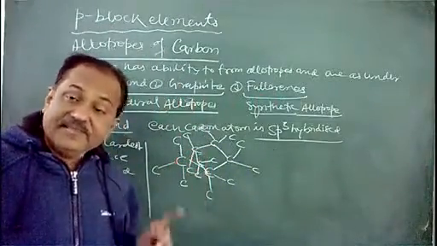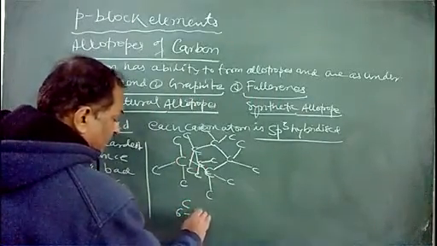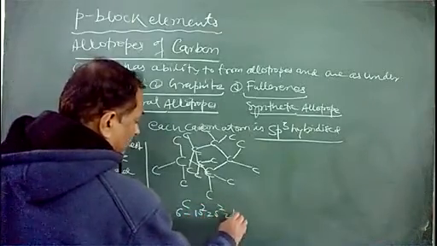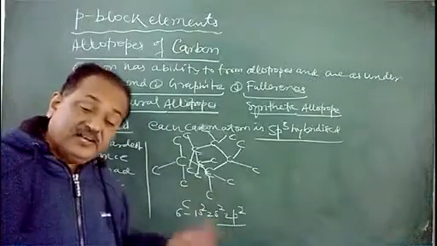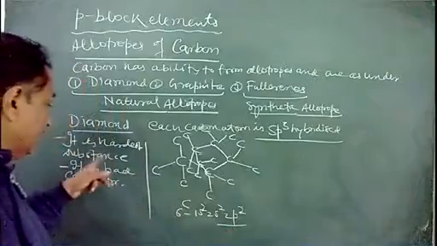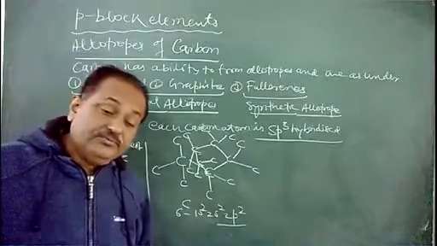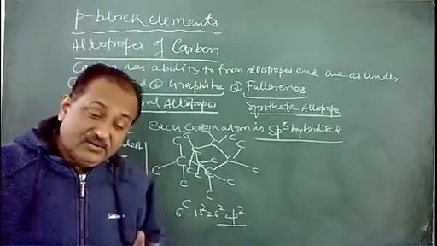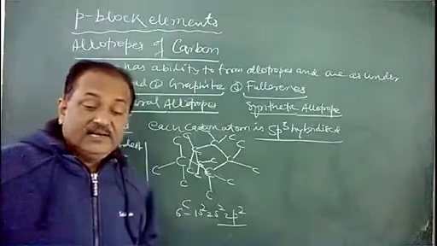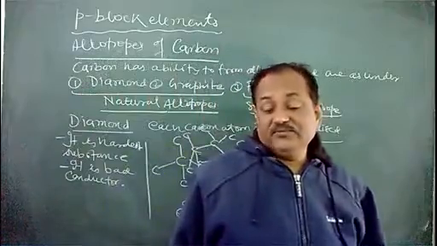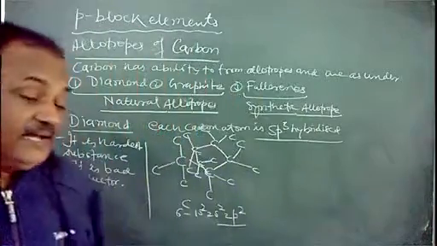Carbon, atomic number 6, configuration 1s2, 2s2, 2p2. So see here, 2s electrons and 2p electrons are consumed. So no electrons are left. So the hardest known substance is a bad conductor. Why? Because no free electron is present, and free electrons are responsible for the flow of current. Electrons are able to provide conduction of current only when they are free.